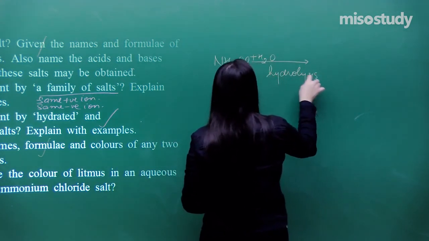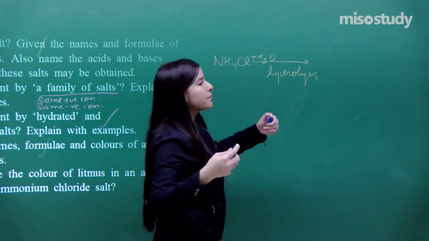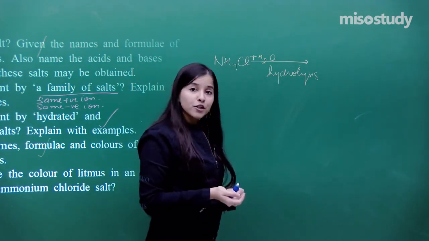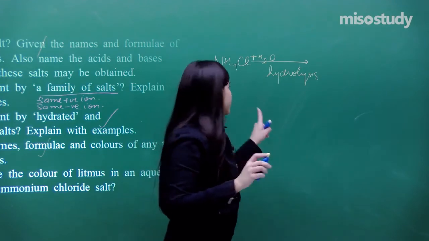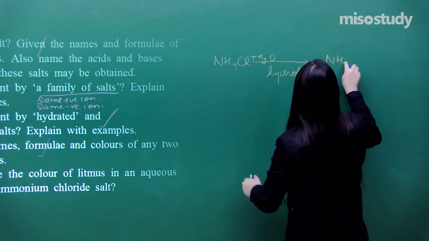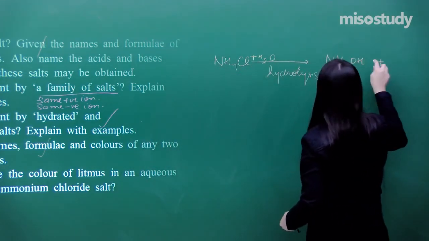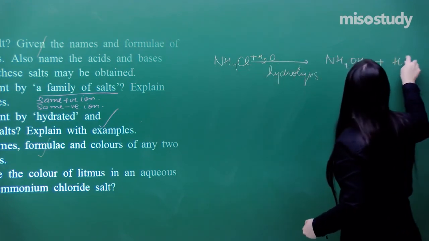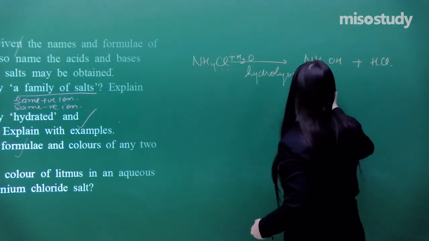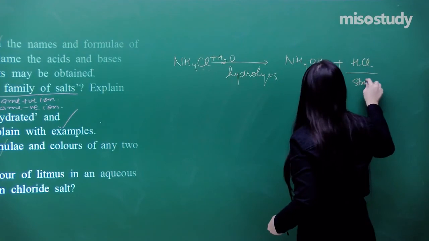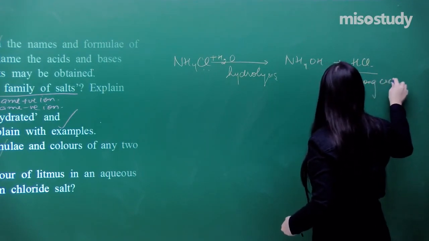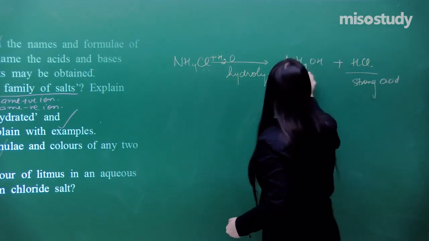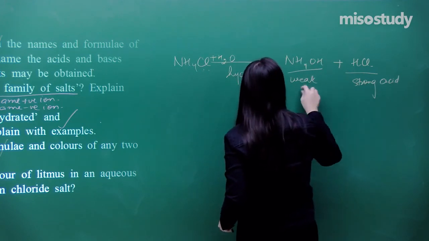What will happen? From whatever base or acid this particular salt has come up, we need to write those. NH4 corresponding to NH4OH, which is a weak base, plus HCl corresponding to Cl into this salt. Yes, so this is a strong acid and this is going to be a weak base.